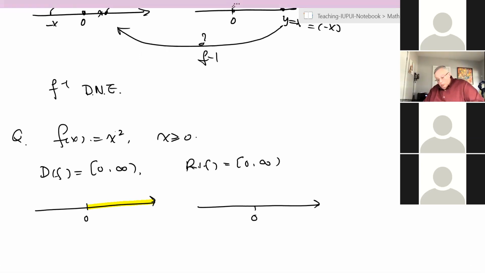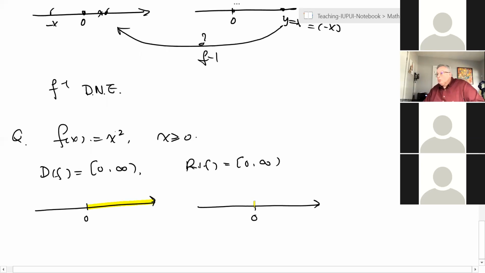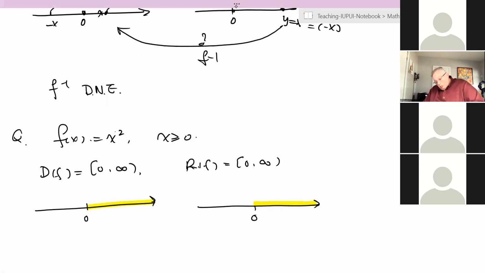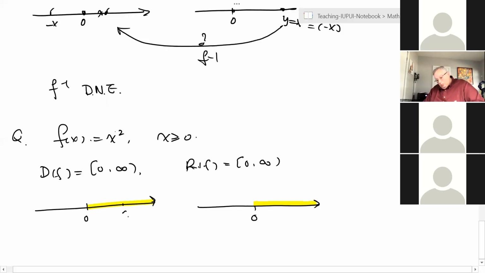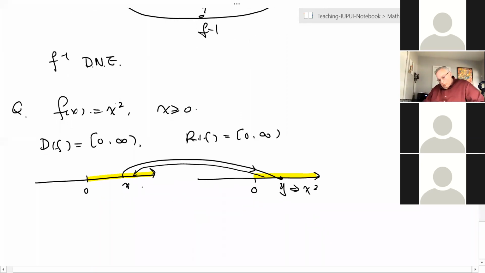So there is a one-to-one correspondence. For any x, you get the y value, y is going to be x squared. And then you can reverse that. There's a unique way to go. So you get x.